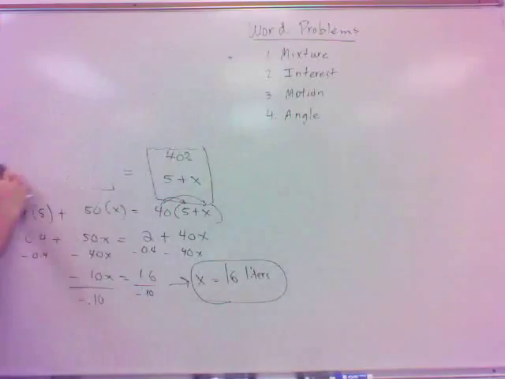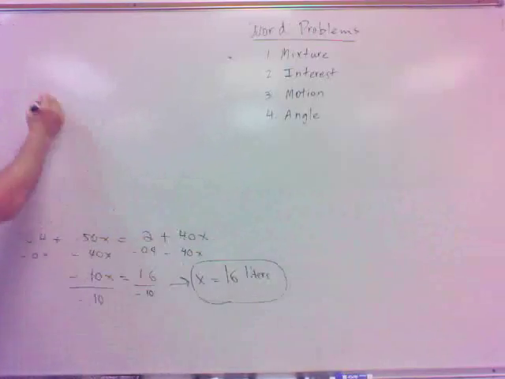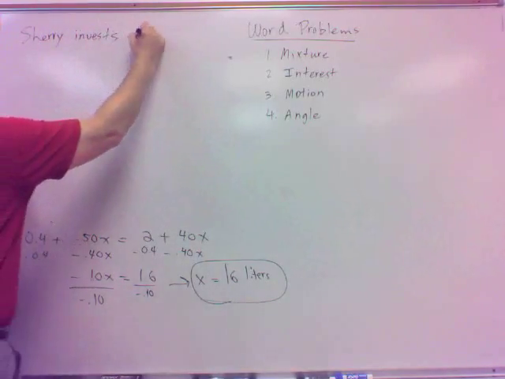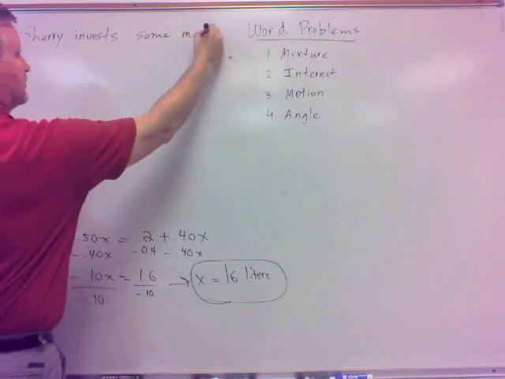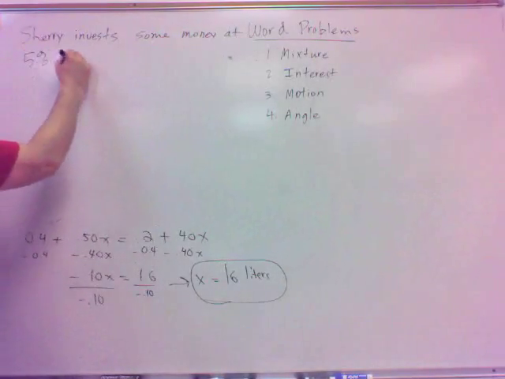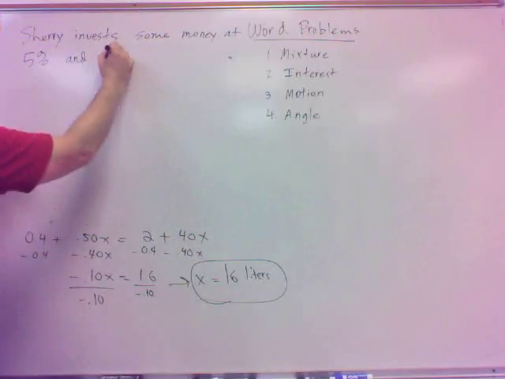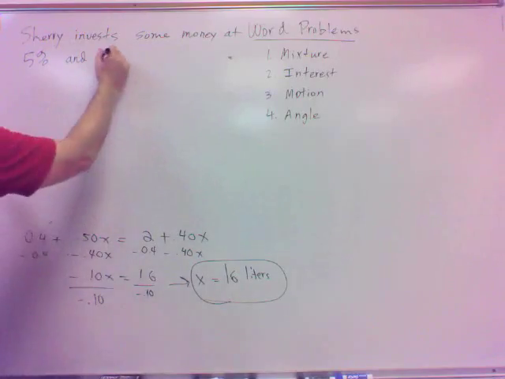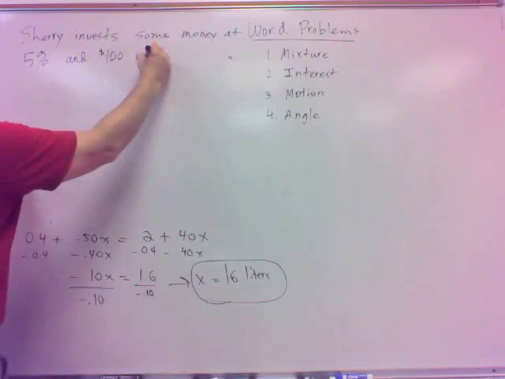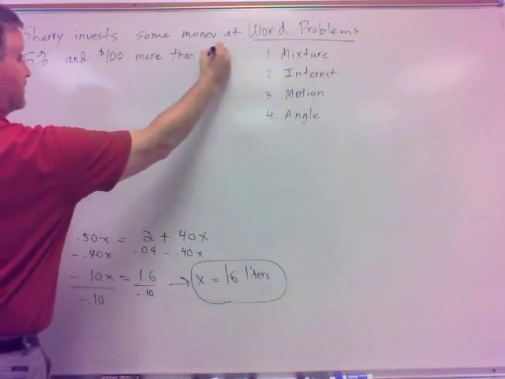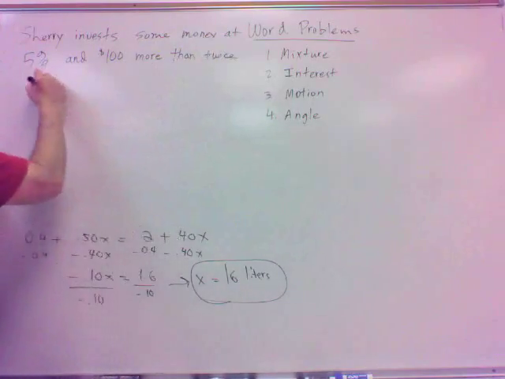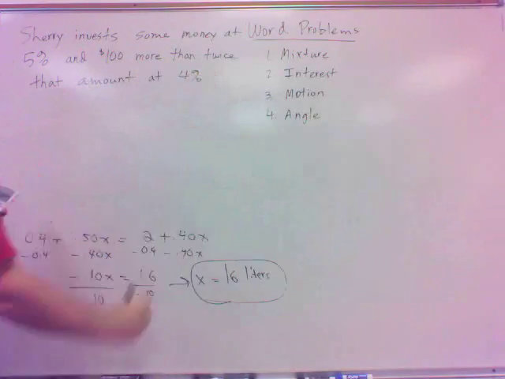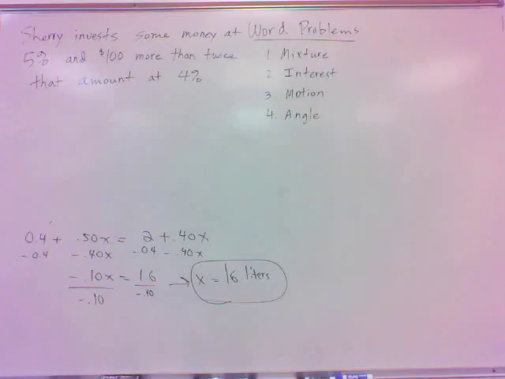For an interest one, let's do this. Let's say Sherry invests some money at 5%, and $100 more than twice that amount at 4%.